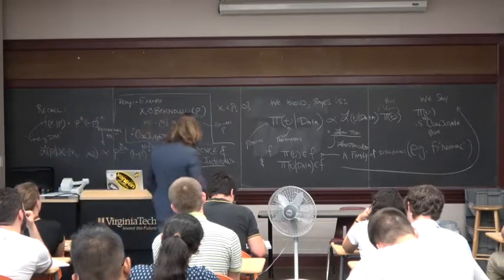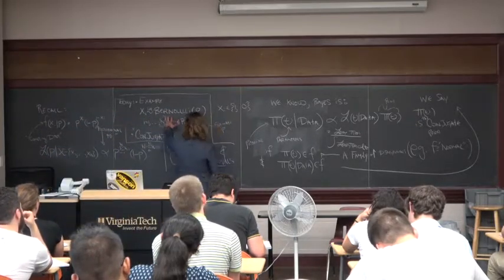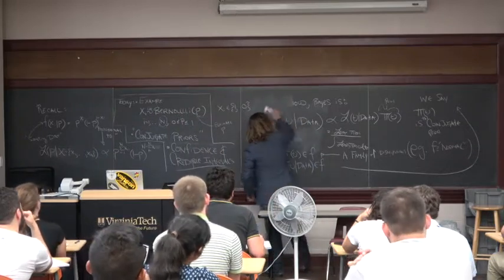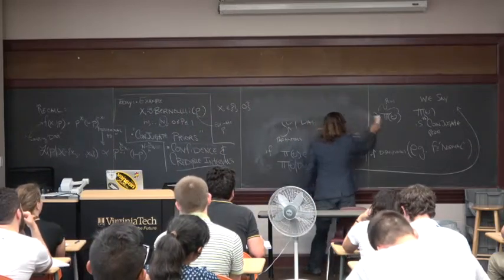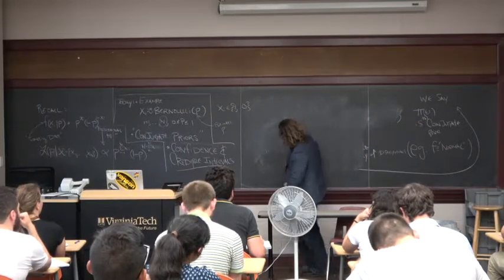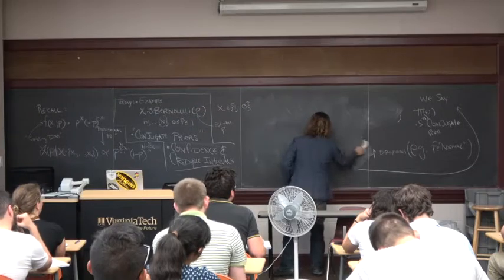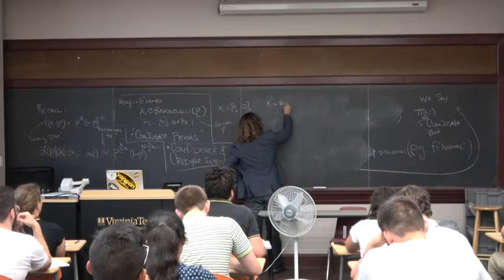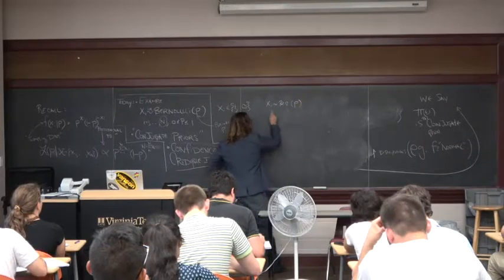So let's go back to our example right here, xi's are Bernoulli. Xi's come from a Bernoulli with parameter p.